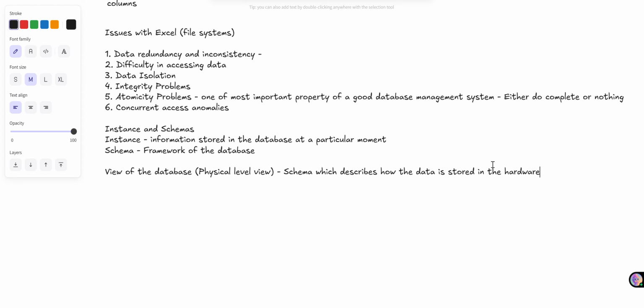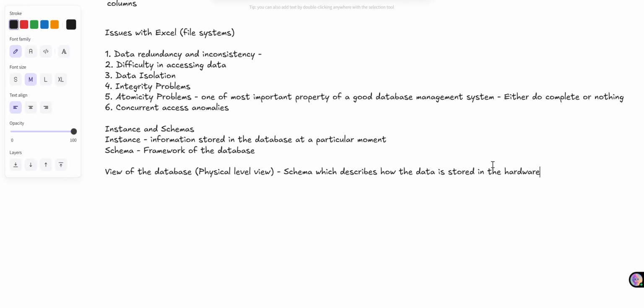The view will also describe how the data can be accessed. The physical level shows data abstraction at the lowest level and has complex data structures. Only the database administrator operates at this level, because at this level you can access and delete any data.